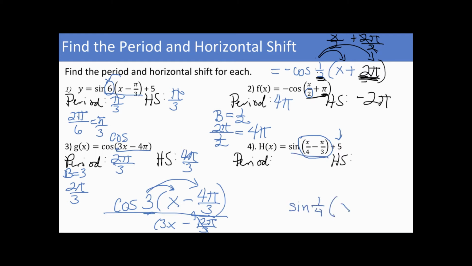So it's pi over 3, and you're going to do a reciprocal of 1/4, which is 4. There you are. So the b is 1/4. So 2 pi over 1/4 is going to equal 8 pi. So my period is 8 pi. My horizontal shift is 4 pi over 3.